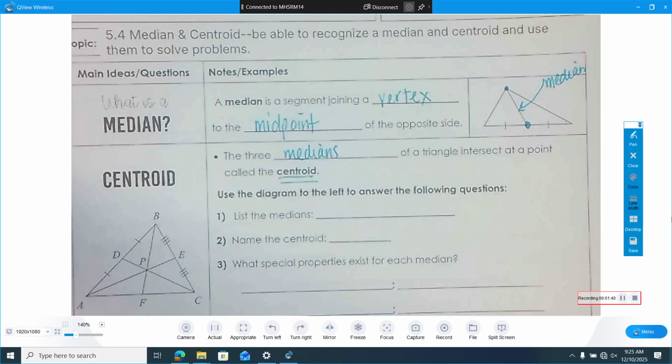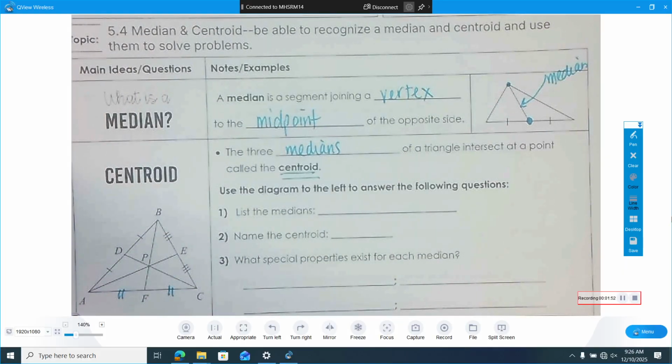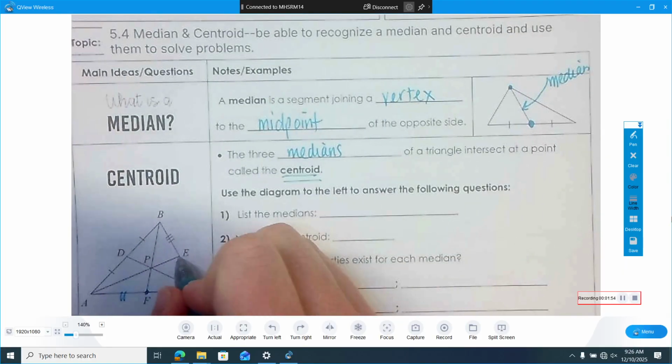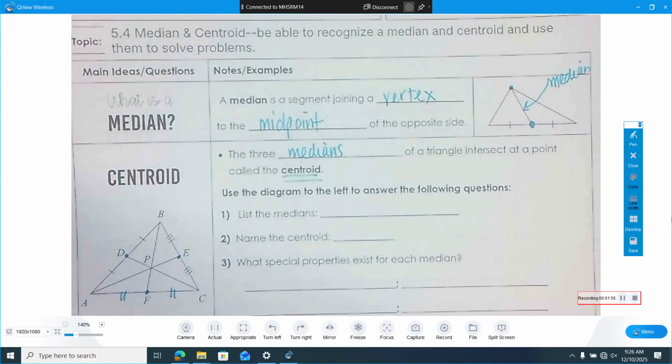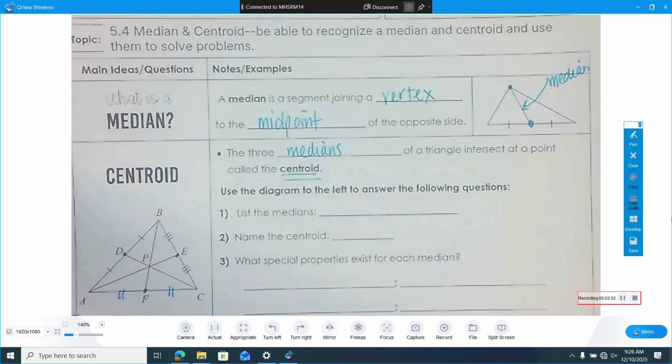So in this diagram to the left here, which markings are missing? AF and FC should be congruent as well because all of these points, D, E, and F, should all be midpoints, okay? So we're going from a vertex to the midpoint.